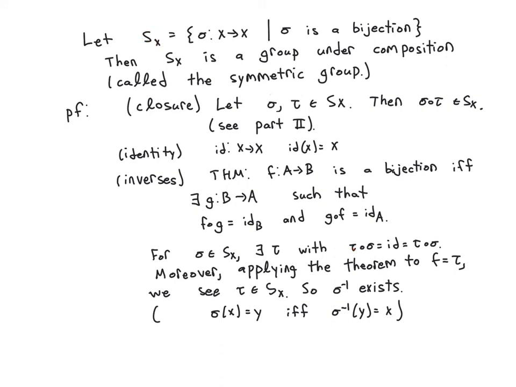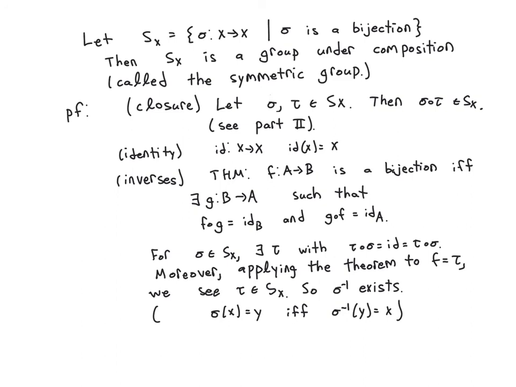Because right now it's just a function from X to X. But you apply this theorem again to tau, and applying this theorem to tau tells us that since tau has an inverse with respect to composition, tau is a bijection. So the first direction, because sigma is a bijection, it has an inverse. This reverse direction, because tau has an inverse, it's a bijection. So tau is in the symmetric group. So sigma inverse exists. It's this tau.